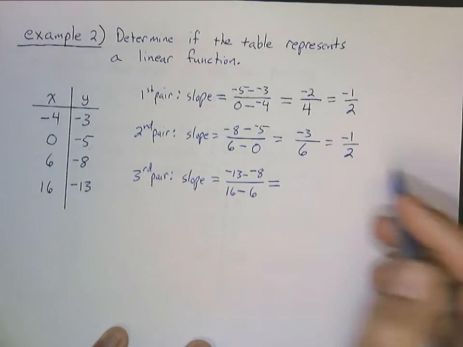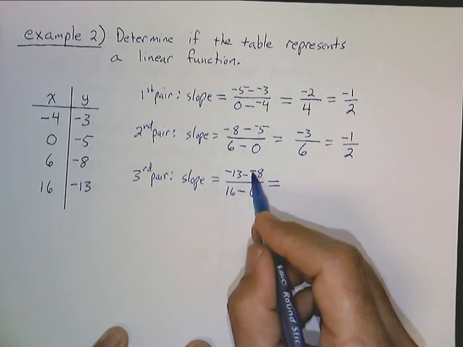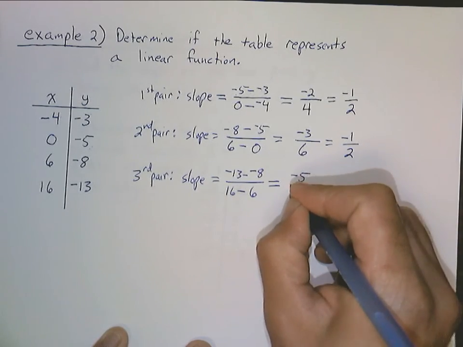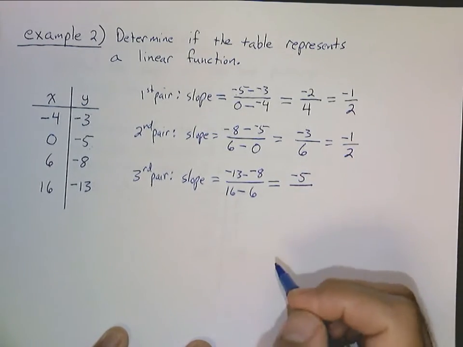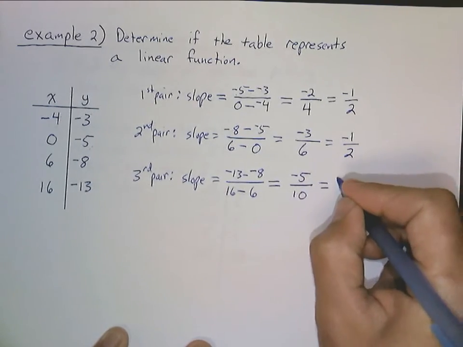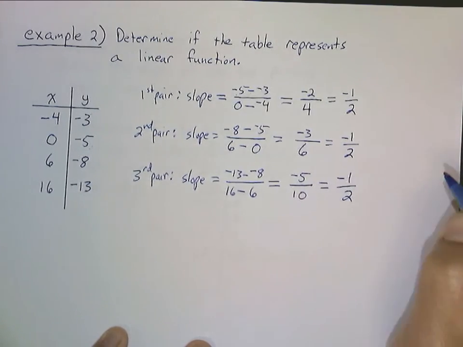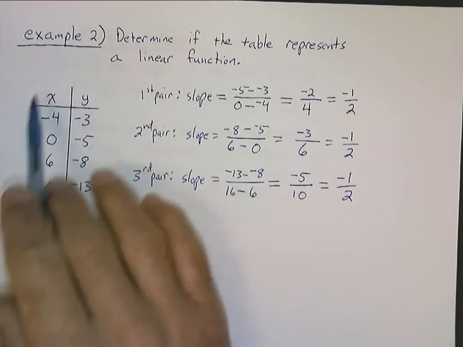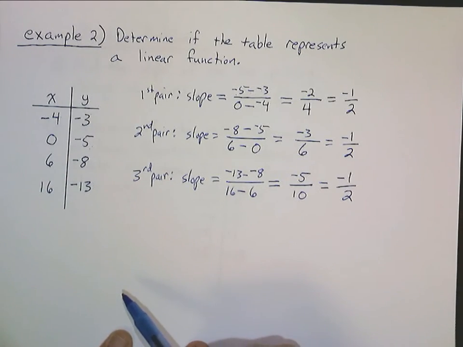We'll do the arithmetic there. Negative 13 minus a negative 8 is going to be a negative 5. 16 minus 6 is, of course, 10. And we simplify that down, and again we get negative 1/2. So, since the slopes were always the same, this thing over here definitely represents a linear function.